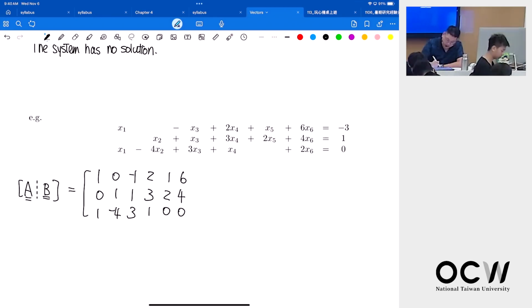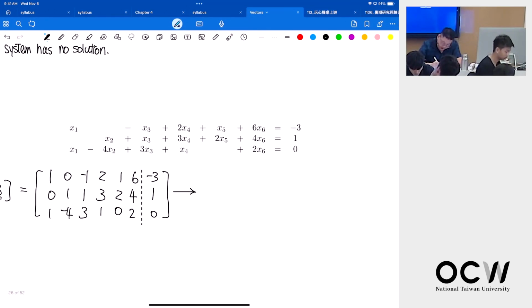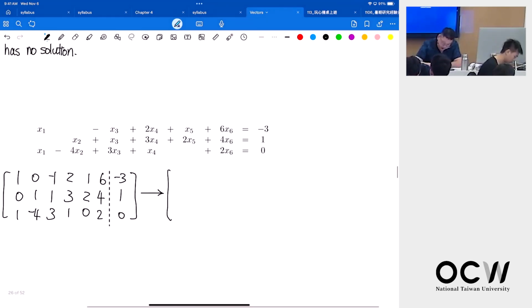And then we have B: 6, 4, 2, right? And then B is minus 3, 1, 0. Okay, and then you can find the reduced matrix. Here I give you the answer: 1, 0, 0, 0, 1, 0, 0, 0, 1.